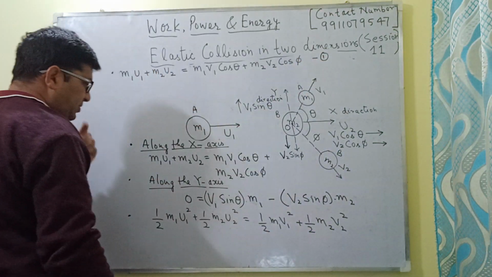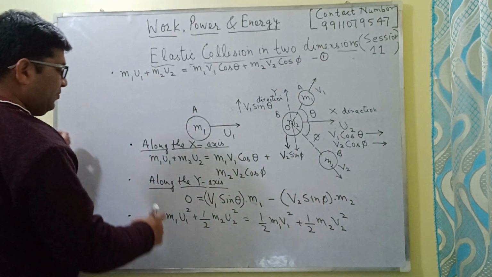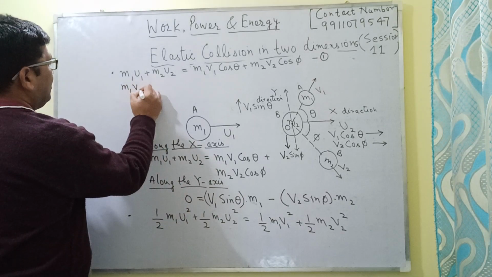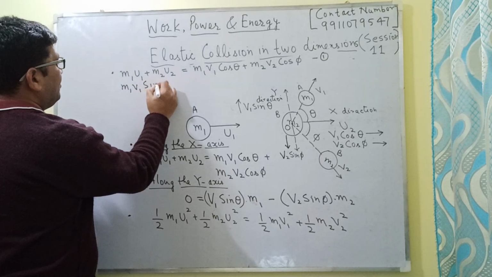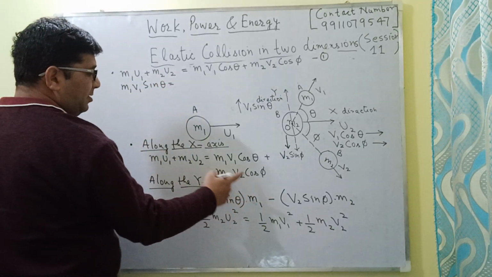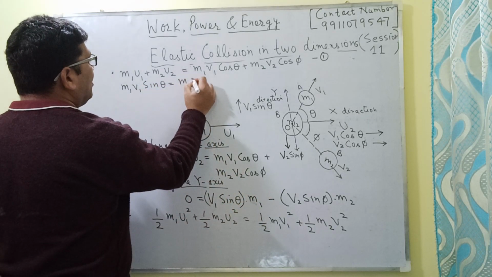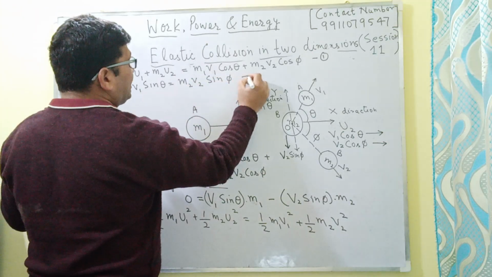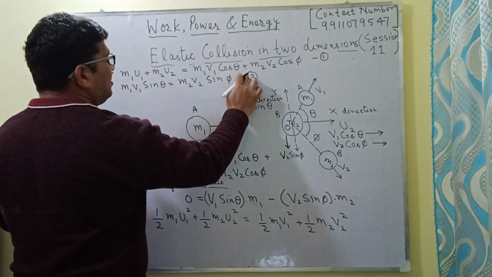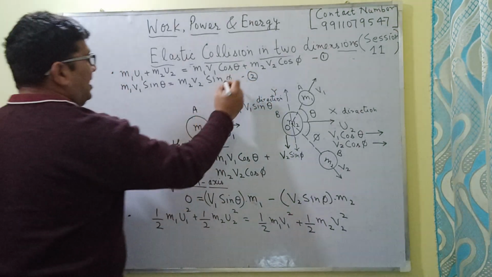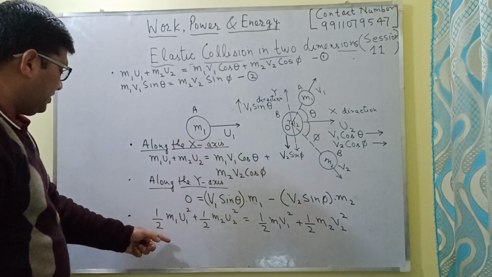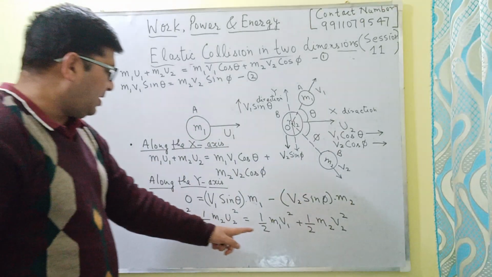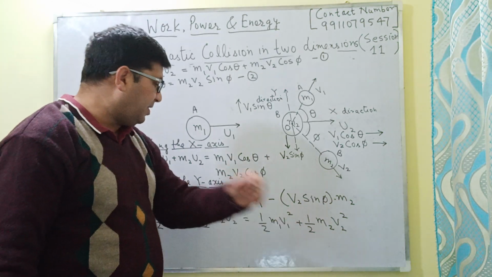The second equation which I have got is m1 v1 sin theta will be equal to m2 v2 sin phi. And the third equation which I have got is half m1 u1 square plus half m2 u2 square is equal to half m1 v1 square plus half m2 v2 square.